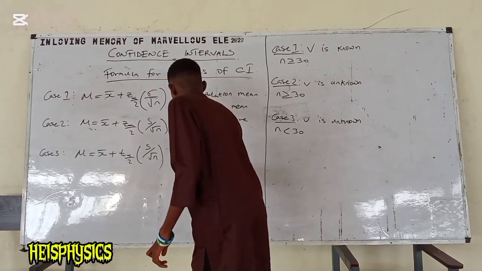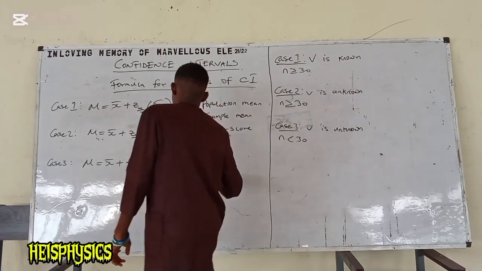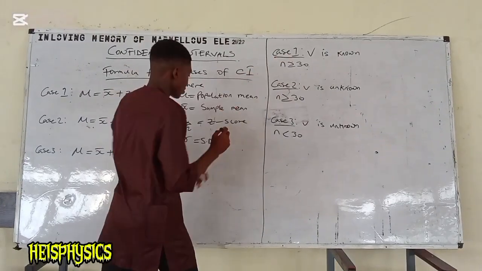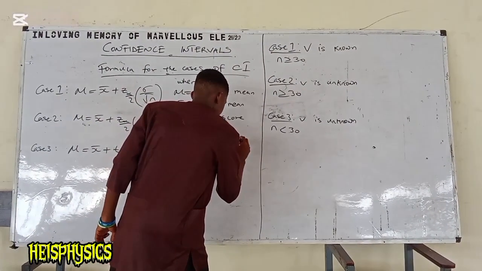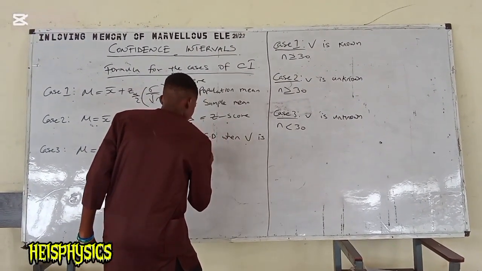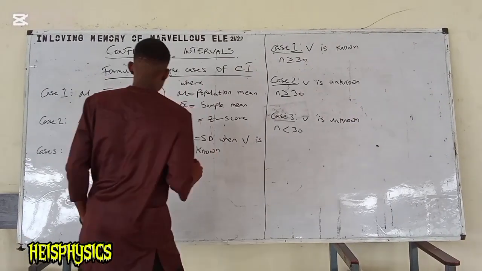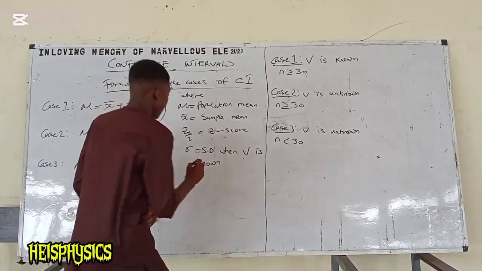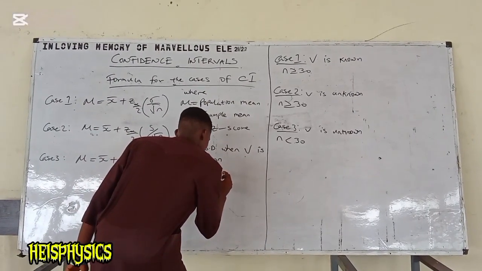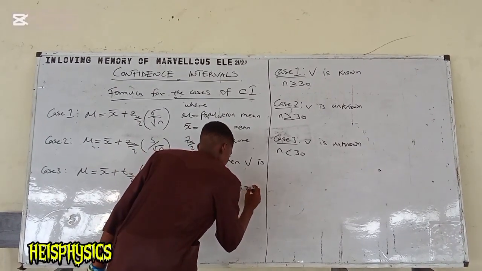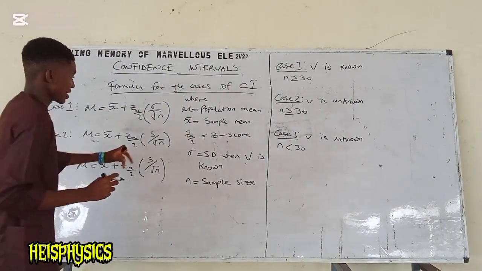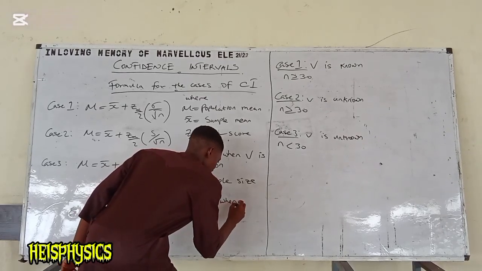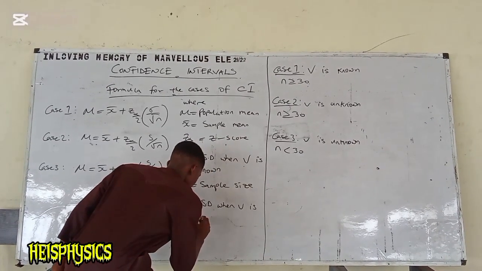This is your standard deviation, SD, when variance is known. N is your sample size. And S is your standard deviation when variance is unknown.